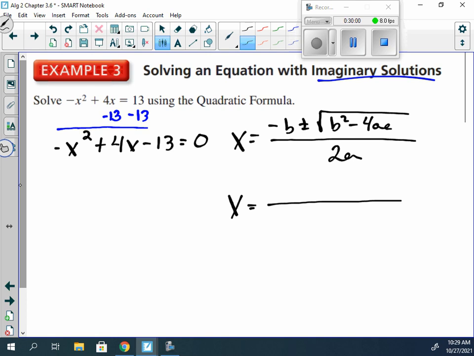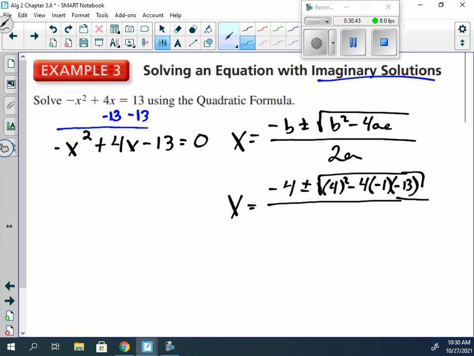So what is the value of b? 4. So negative b would be negative 4, because if b is 4, negative b would be negative 4. Inside the radical it's just going to be 4 squared minus 4. Well, a is negative 1, and c is negative 13.